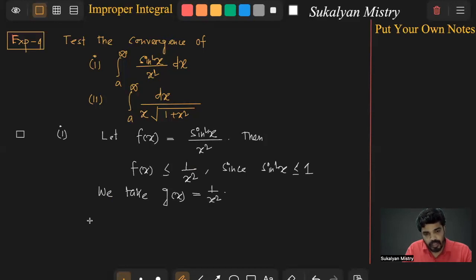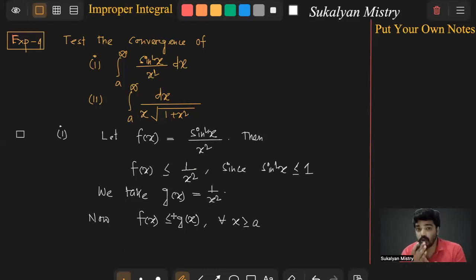So what we get? We get fx is less than or equal to gx, right? For all x greater than or equal to a. Here the lower limit is a. Now we have to check whether integration a to infinity gx dx is convergent or not.